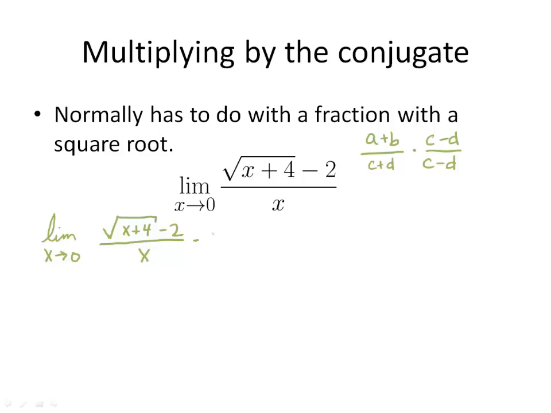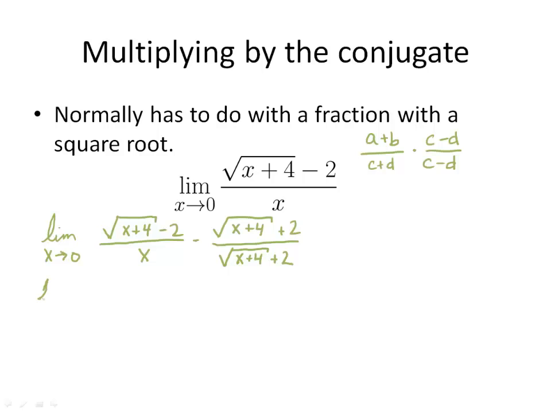We're going to multiply by the conjugate of the numerator, square root of x plus 4, so instead of a minus, we're going to do a plus 2. And remember, we have to multiply by the same thing, or else we're going to be changing the function, right? So in effect, we're just multiplying by 1, which is perfectly legal.